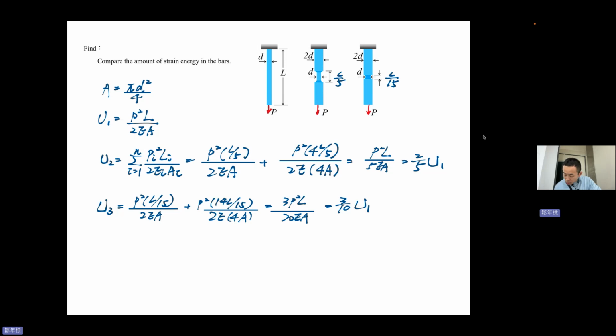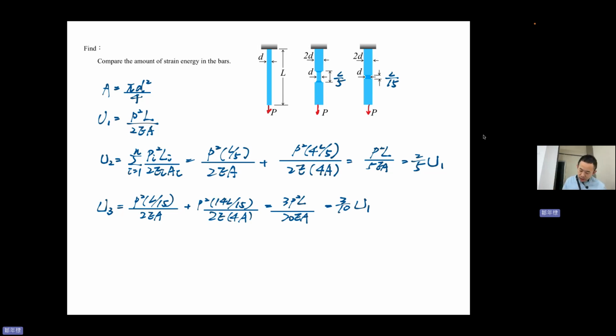310 U1. Okay, so you can see that under the same load, P, because of the shape, because of the design of the bar, you will have different stored strain energy.